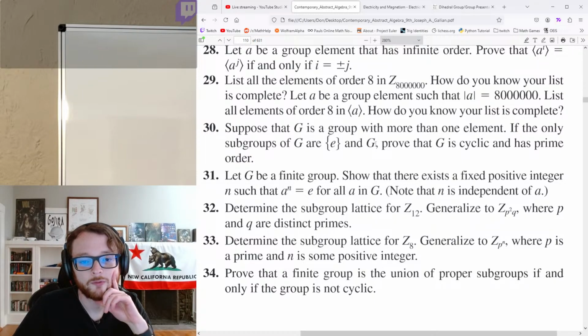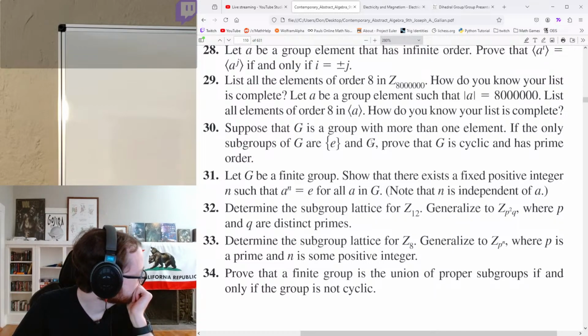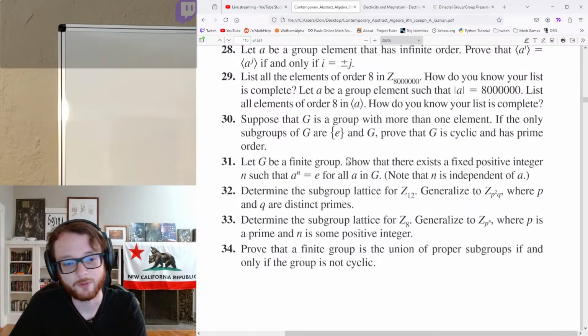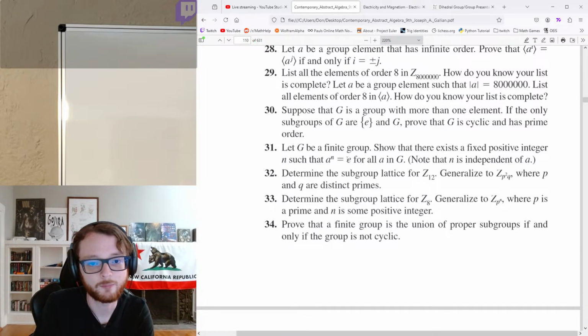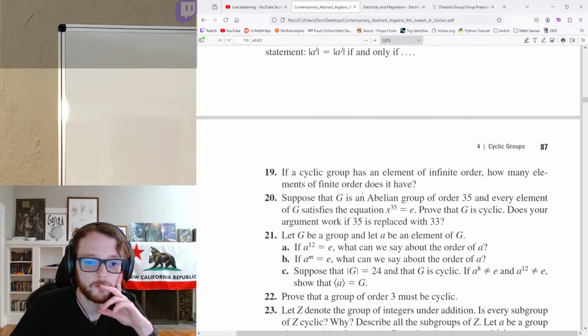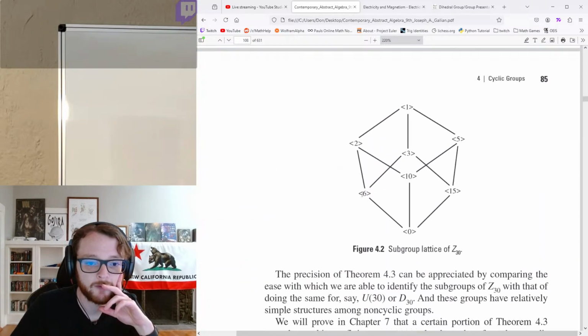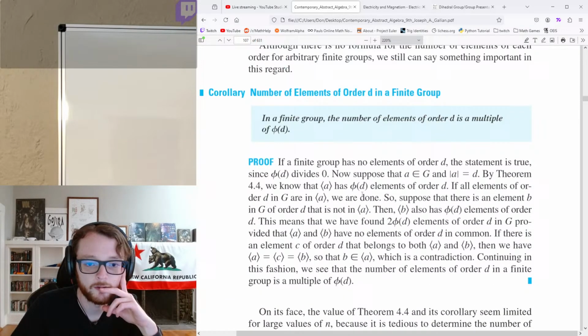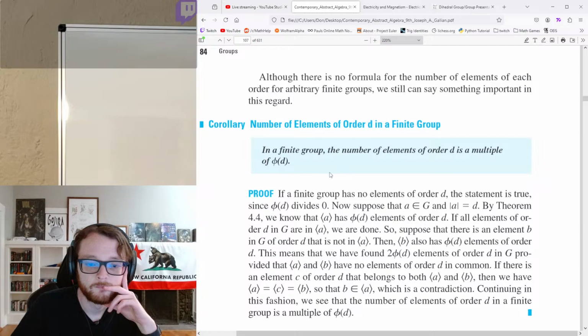The only subgroups of G are E and G. Do we have a theorem about, I don't think we have a theorem about it. Most of the theorems we have are for cyclic groups, and we don't have that it's a cyclic group yet. We have to prove that. This one is for groups in general, but I don't think it's going to be helpful.